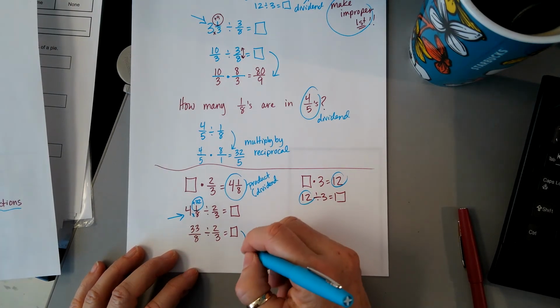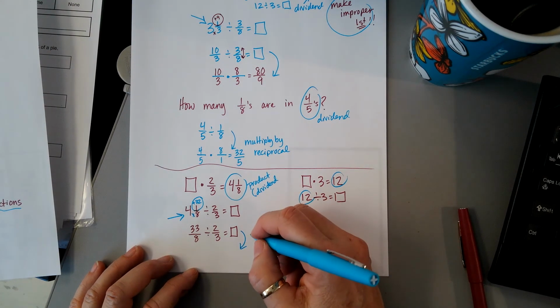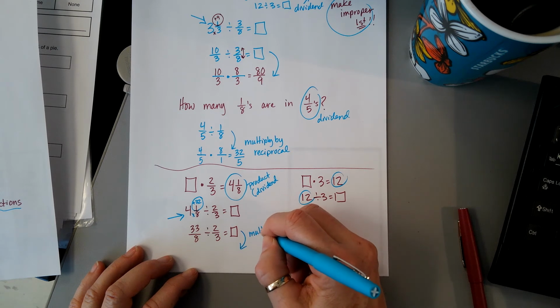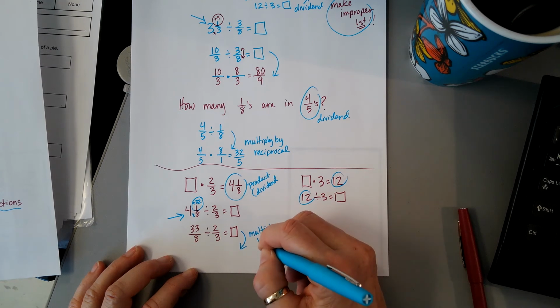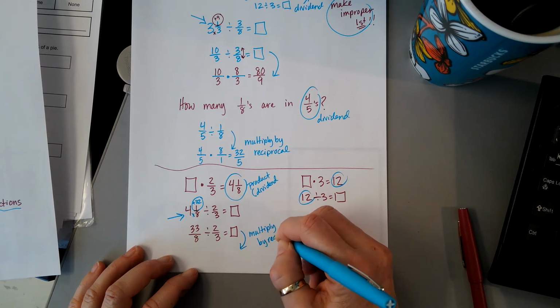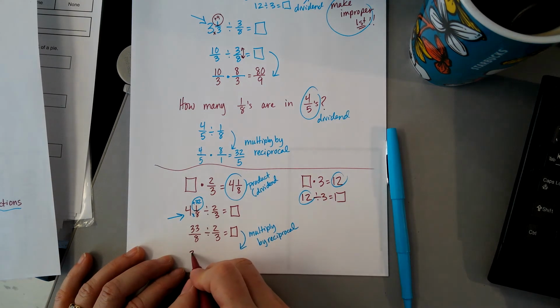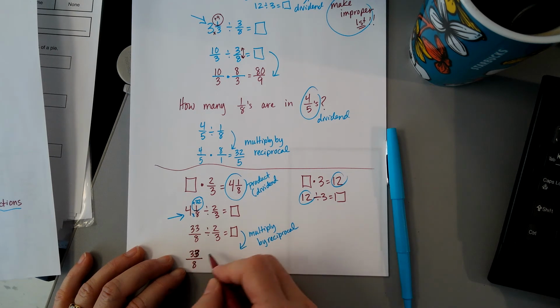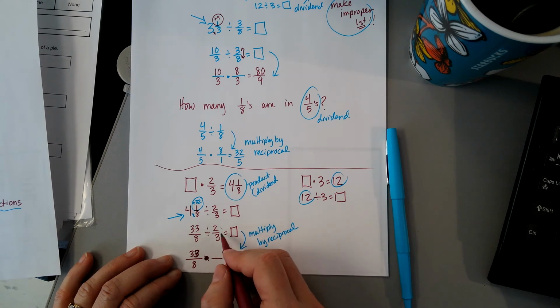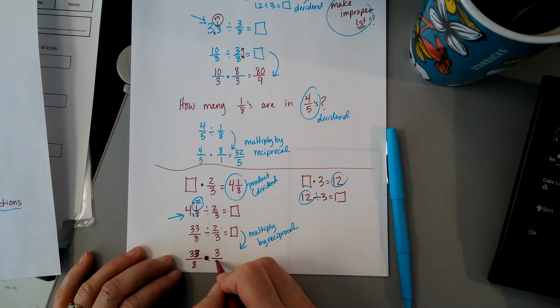Then we rewrite as multiply by reciprocal. So 33/8, change it to multiply. I'm going to use my dot. And we flip that second fraction. We use the reciprocal. From there, you just multiply straight across.